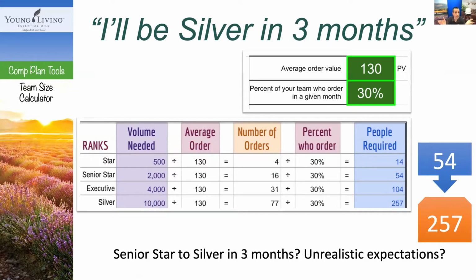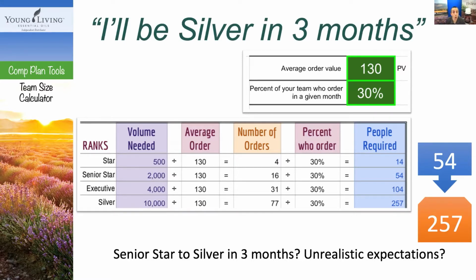Being at the senior star rank means that they probably have about 54 people in their team if their average order value was 130 PV and 30% of their team ordered in a given month. Now, this person comes out and says, okay, my goal is to be silver in 3 months' time.